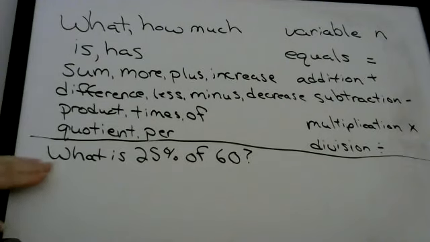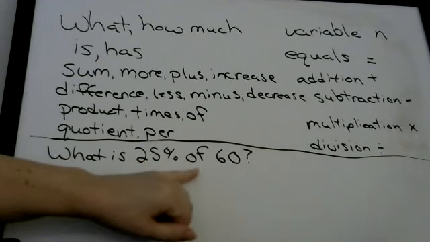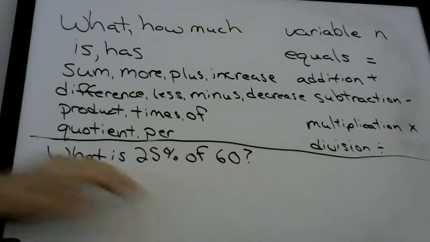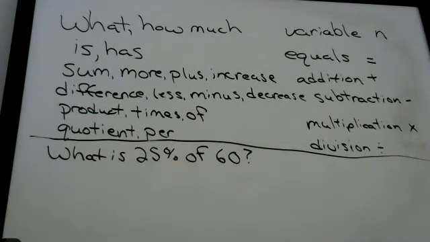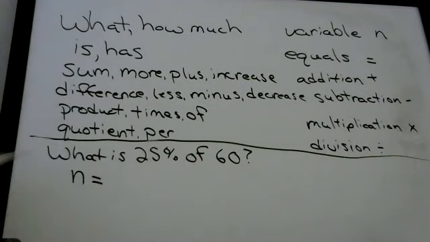So in this one, it says, what is 25% of 60? And so here's where it's important to remember what of means. Of means multiplication. When you're thinking in your head or you see it written on the paper that says of, it's probably going to be a multiplication problem. What is, so what, that's our variable, is 25%. Now you need to know how to write that as a decimal number.